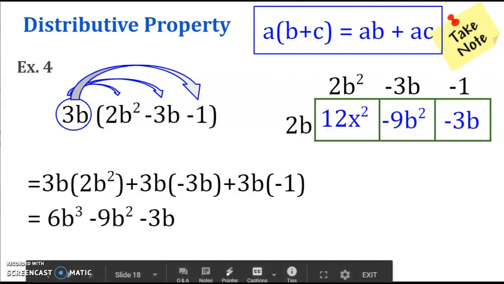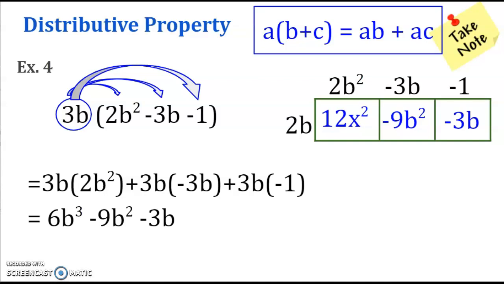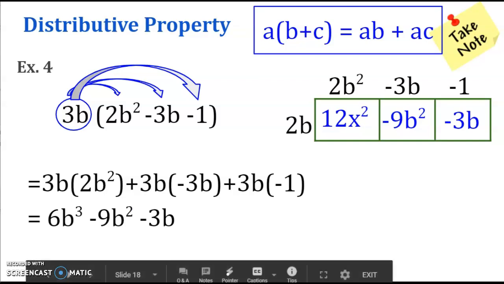So 3b times 2b squared is the first term, and then to that you're adding 3b multiplied by negative 3b, and then 3b multiplied by negative 1, the last one.